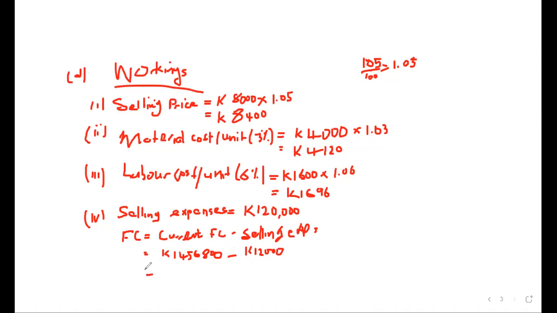If we remove 120, how much are we going to remain with as fixed cost?